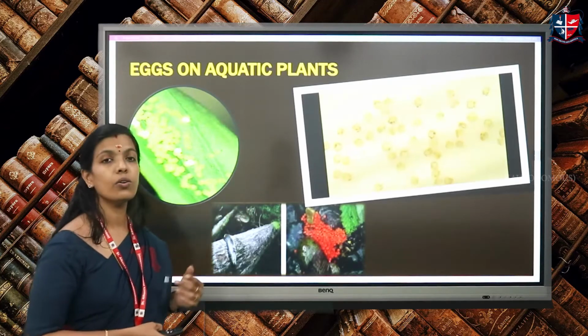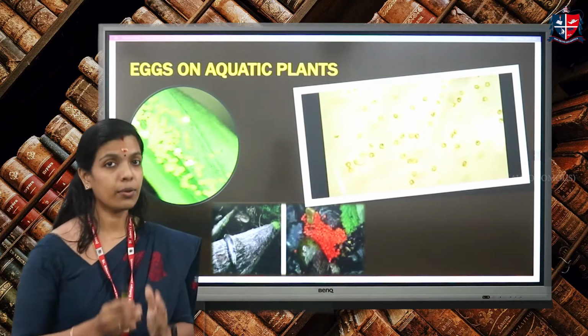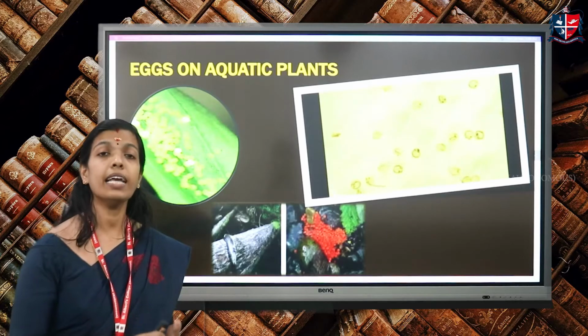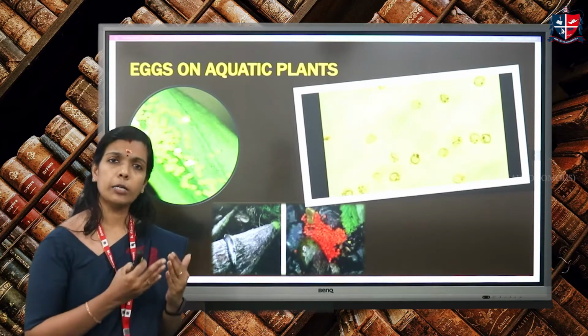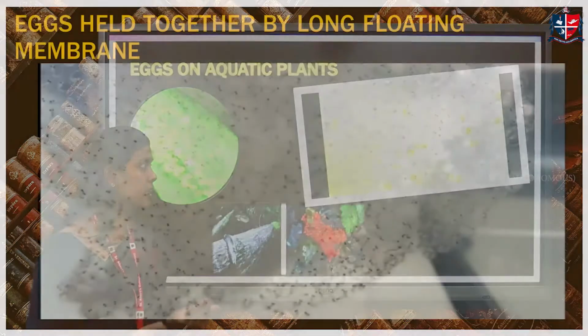Okay, so that is a video you can see there. The eggs would be attached onto the aquatic weeds because of the sticky nature of the eggs, thereby preventing them from getting detached, and this would increase their survival.